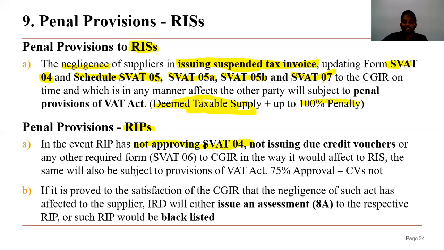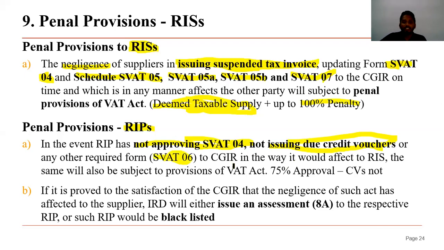Normally the RI will enter into the system as SVAT 4. They are required to approve that SVAT 4, and also they are required to issue a credit voucher. And also they need to upload SVAT 6 to the REMIS system.